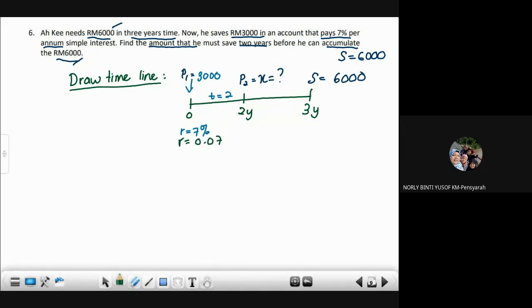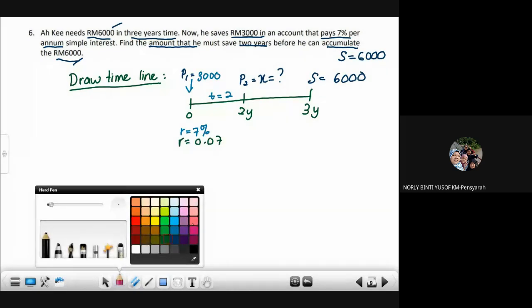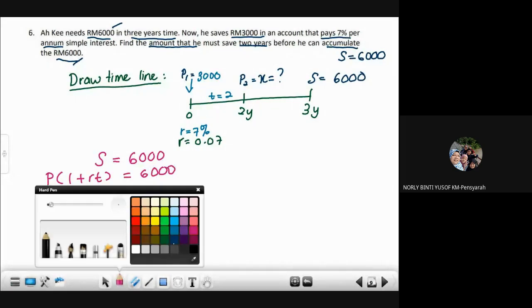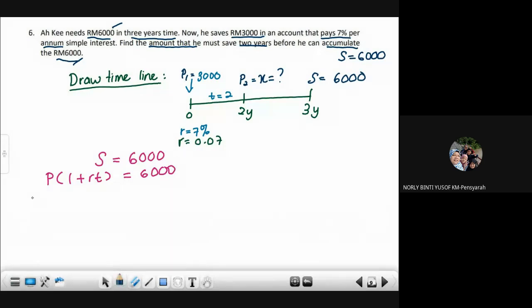Okay, so gunakan formula S, 6,000. So S sama dengan P(1 + RT) sama dengan 6,000. So yang pertama P1 lah. Ataupun you nak pecahkan dulu macam ni. Plus P2(1 + RT) equals to 6,000.